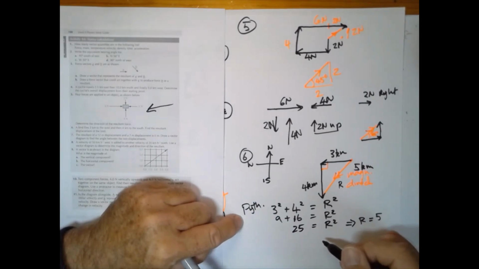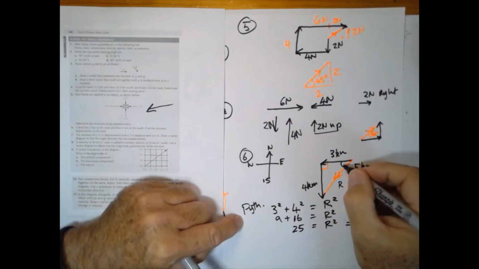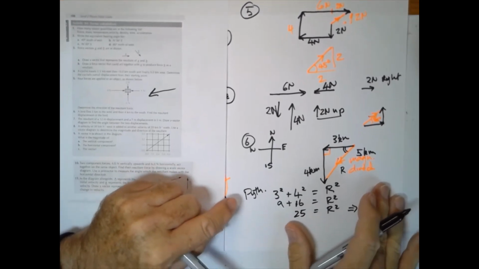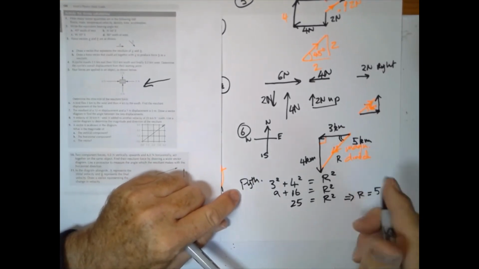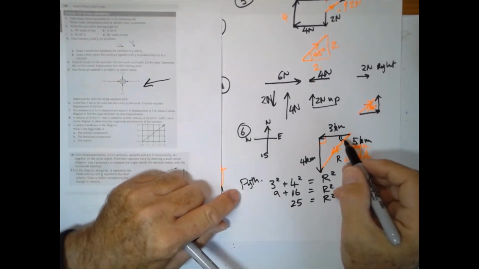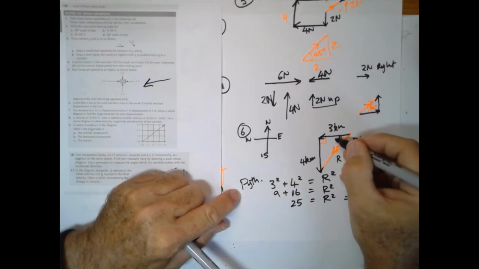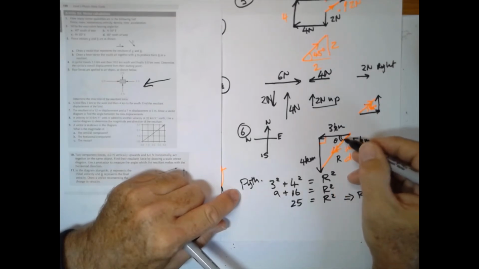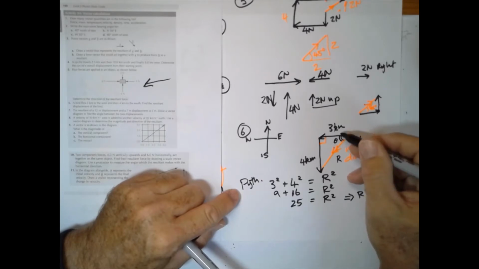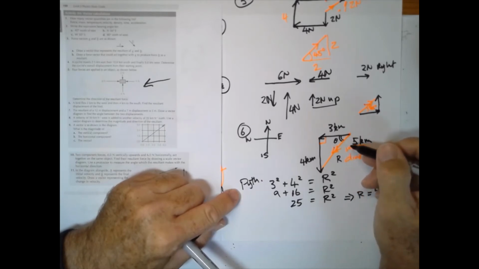And let's find this angle here. We're going to look at that more in the next video. But quite simply, to find this angle theta, we could use tangent or sine or cos. Let's use sine.